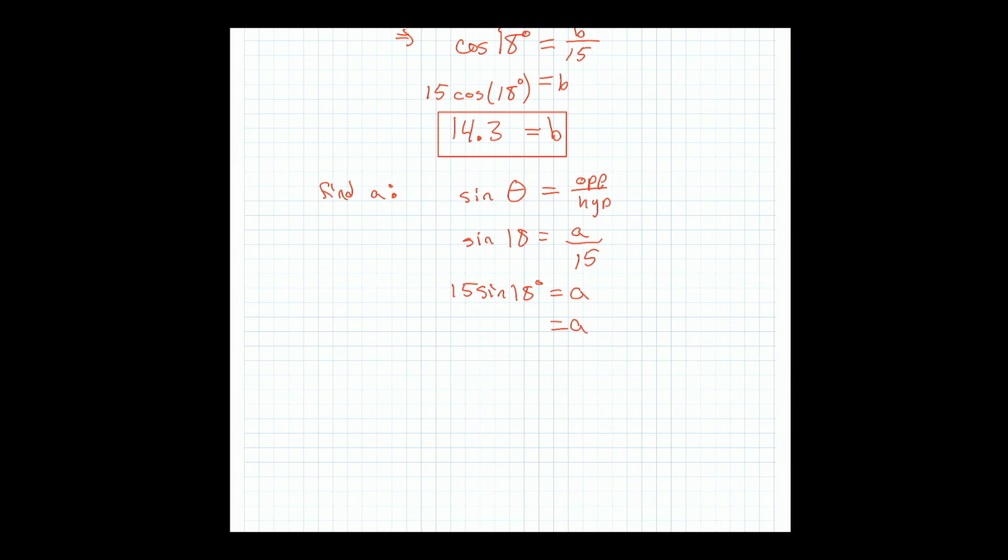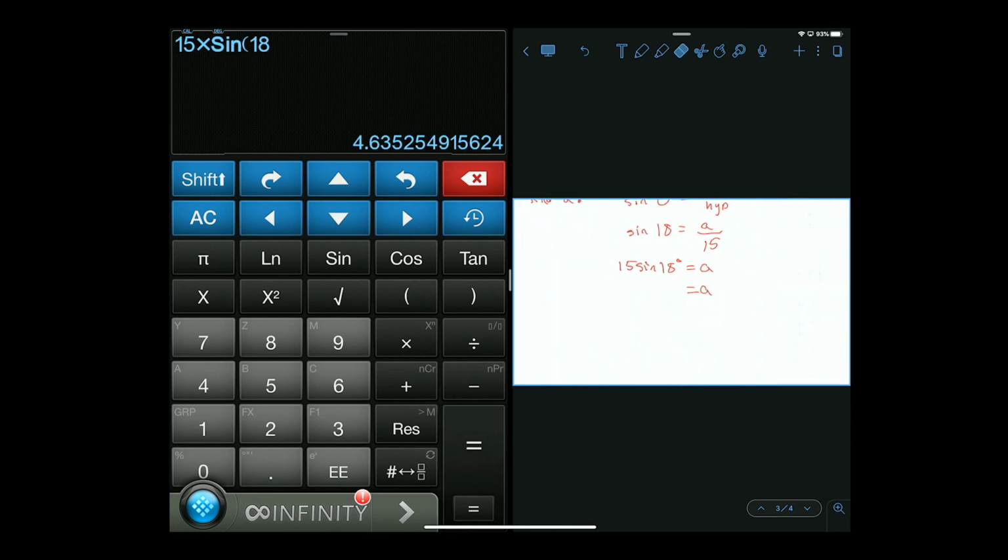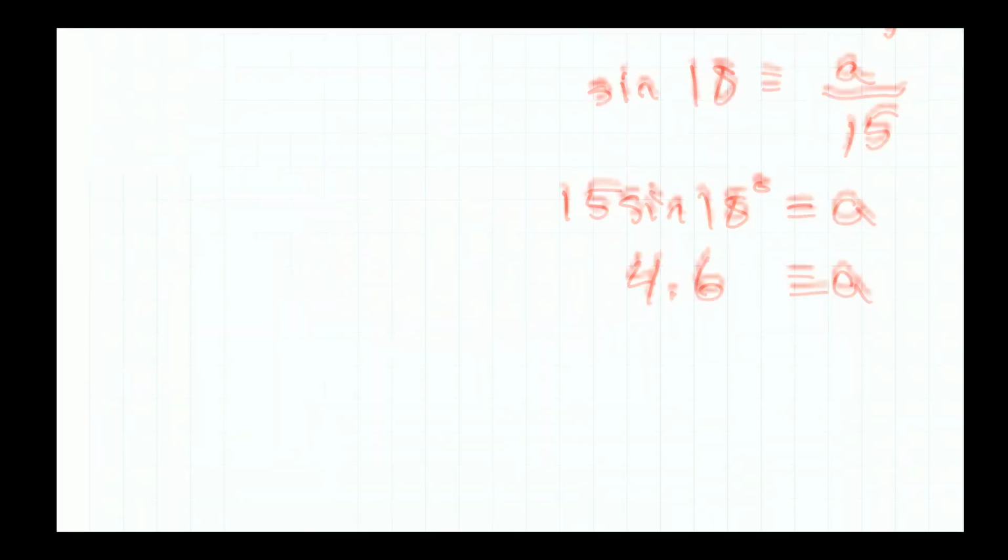So you go to a calculator again. 15 times sine 18. Enter. 4.6. I'm only going one decimal point there.